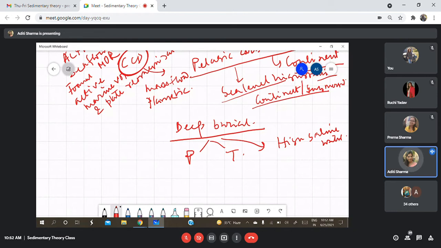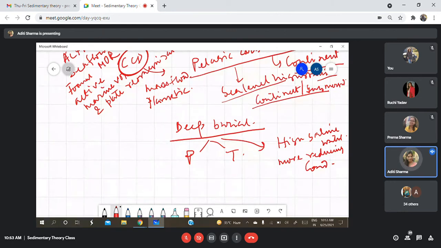A more reducing condition. So you are cut from the atmosphere and you are going to a more reducing condition.